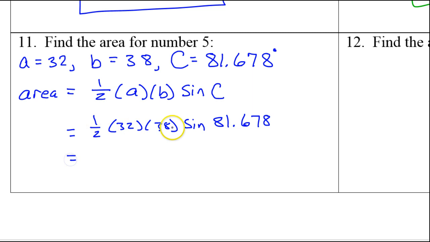So just go ahead and put all this in your calculator and that should give you the area. So here I got 601.598 square units. Alright, let's do one more.